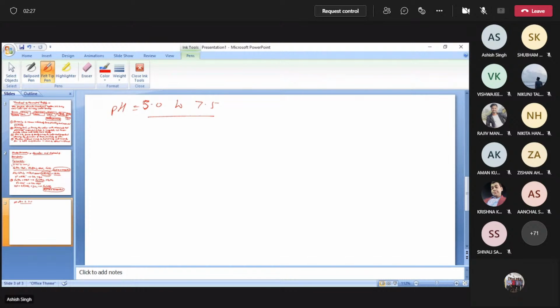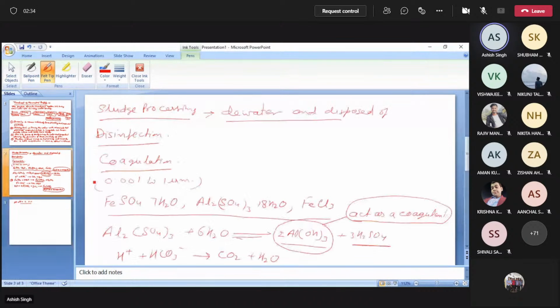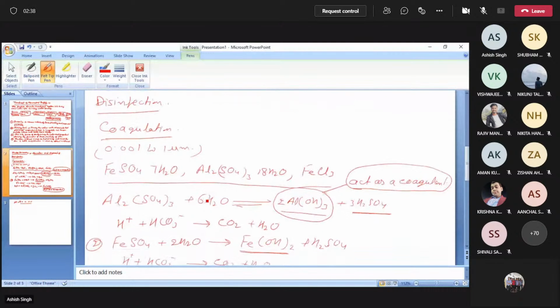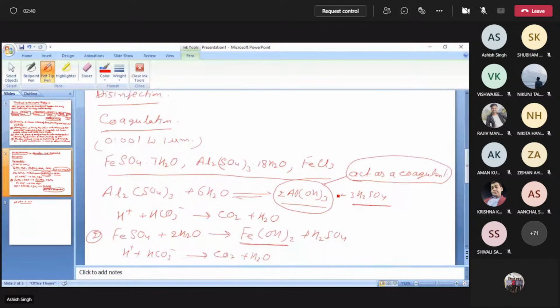Why? One thing to remember: when we are using aluminum sulfate, there is the formation of one product, that is H2SO4.